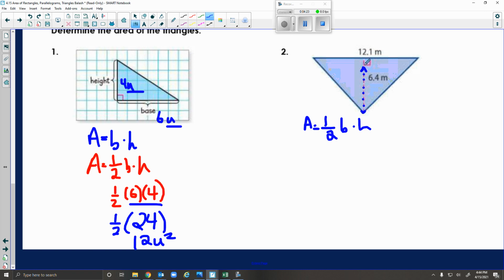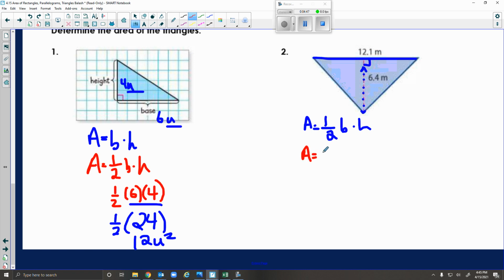And wherever it forms the right angle, which is right here, this would be the base that we use. So the height goes along with this base. Okay, kind of like our triangle opposite relationship we learned about a couple days ago. So take a look.